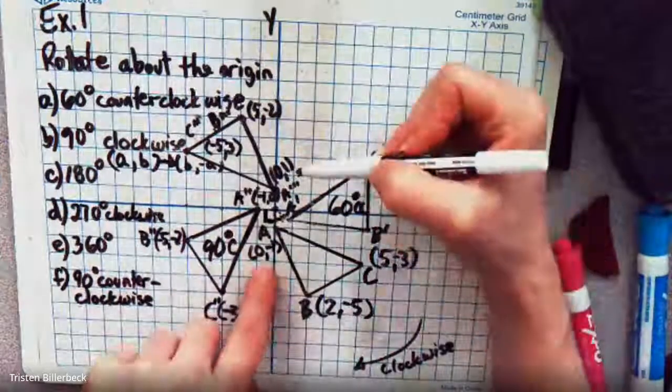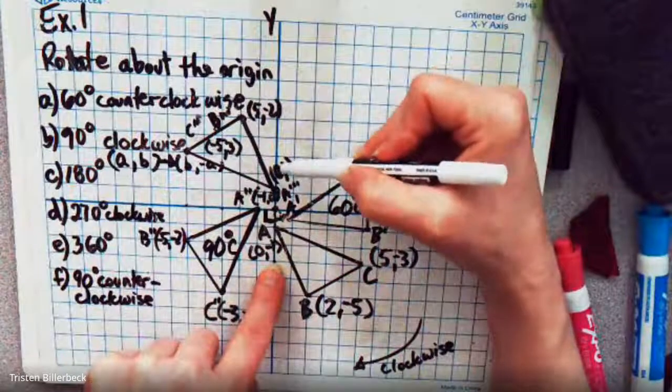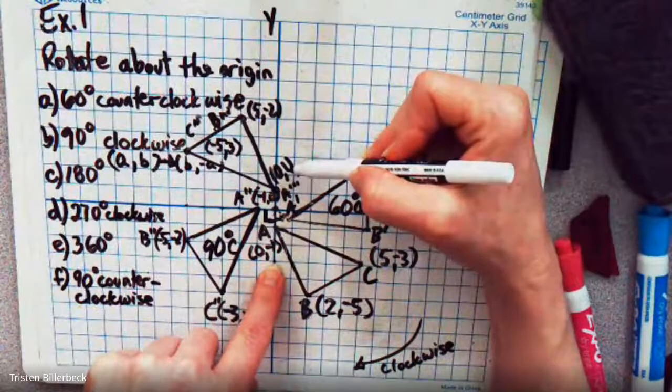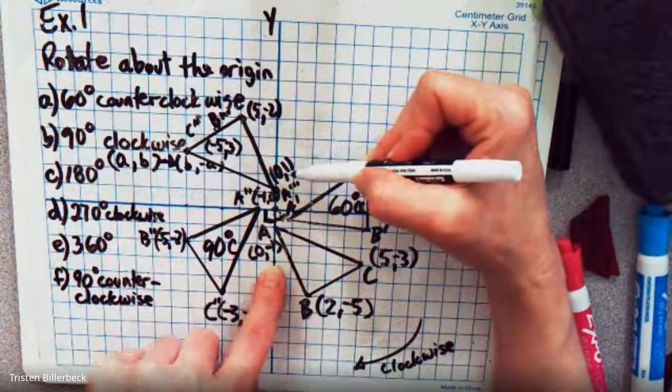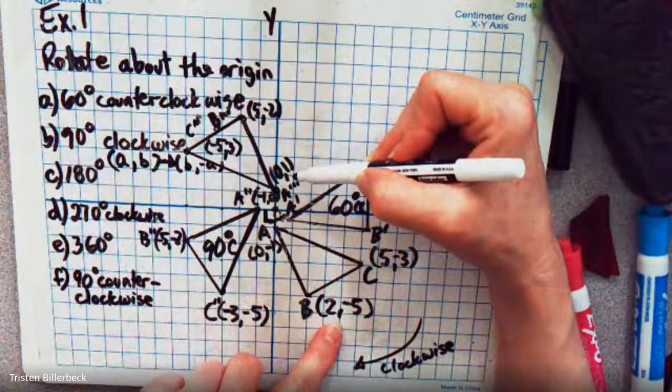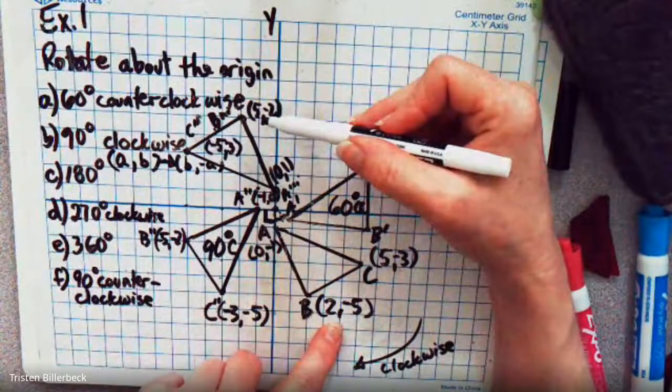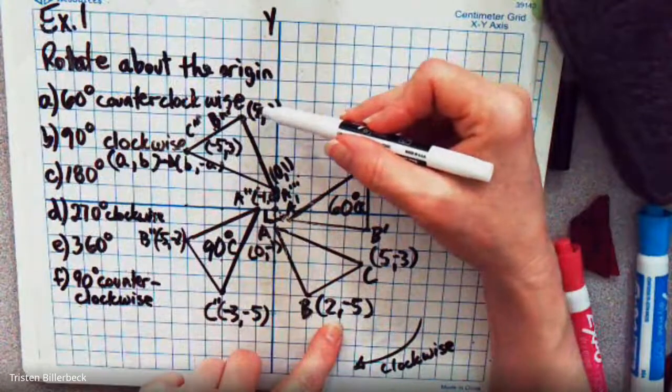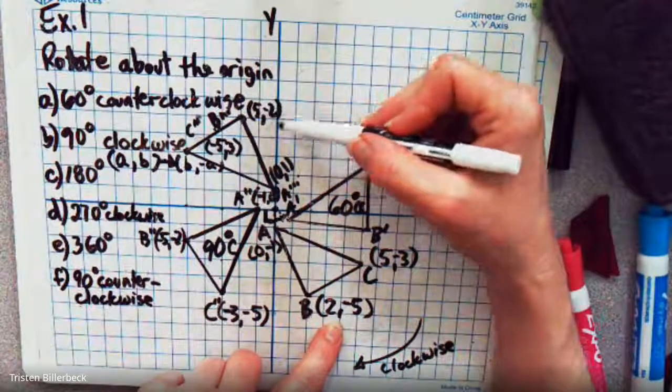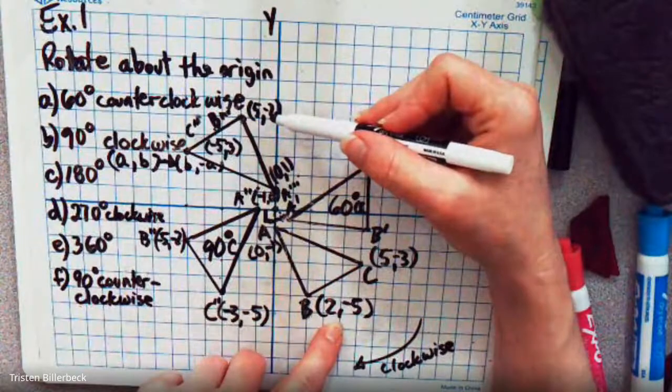The original one was 0, -1, but this one becomes 0, 1. The original B was 2, -5, and this is 5, -2, so the sign's flopped and the placement is flopped.